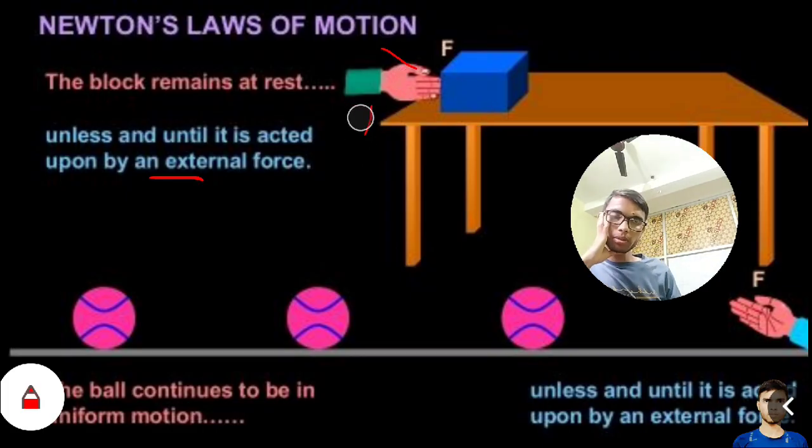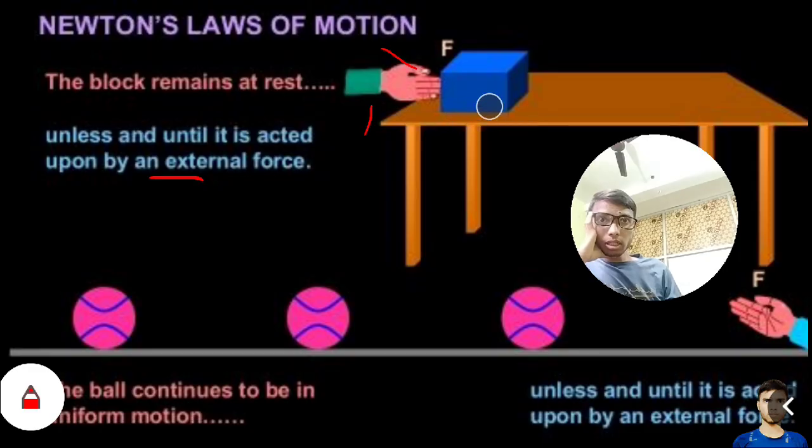This is the object. The block remains at rest. It was in rest. Somebody applied force on this object. It came into motion. So before external force on this object, it was in rest.